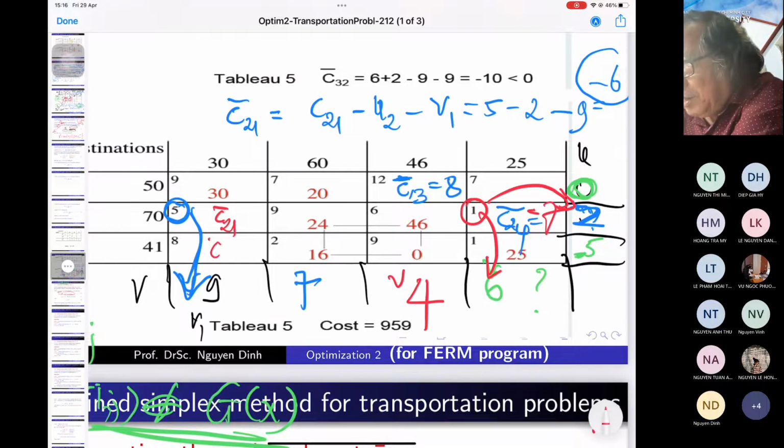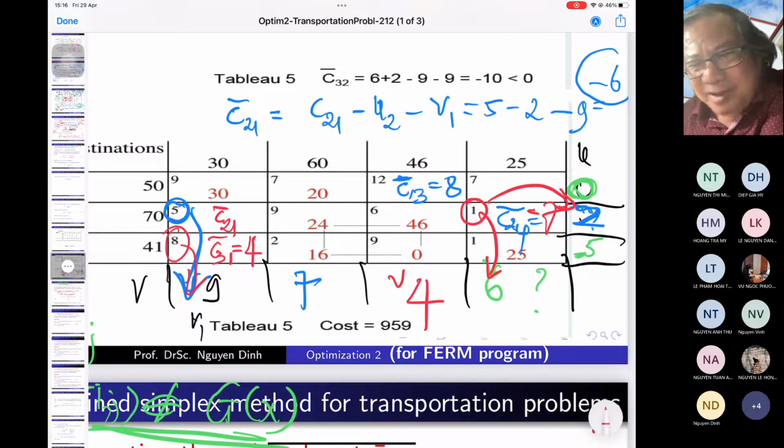C bar 3, 1 equals what? It's equal to 8 minus 9. That is minus 1. And minus of minus 1 is 1. 5 minus 1 is 4. Is that okay? By this way, you calculate C bar ij very easy.